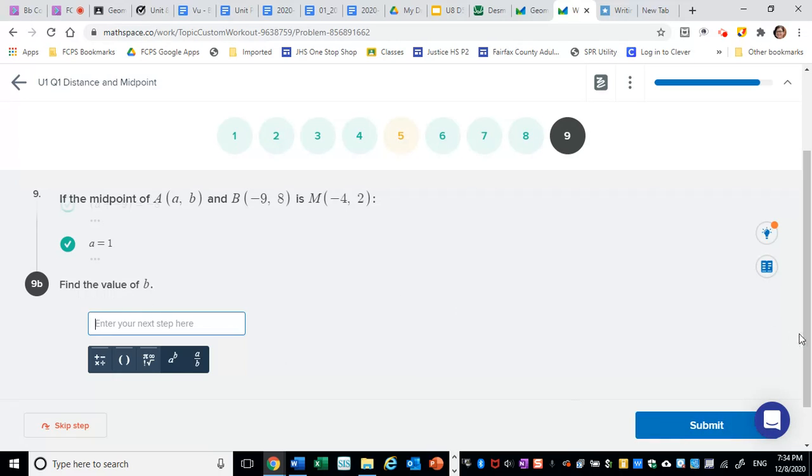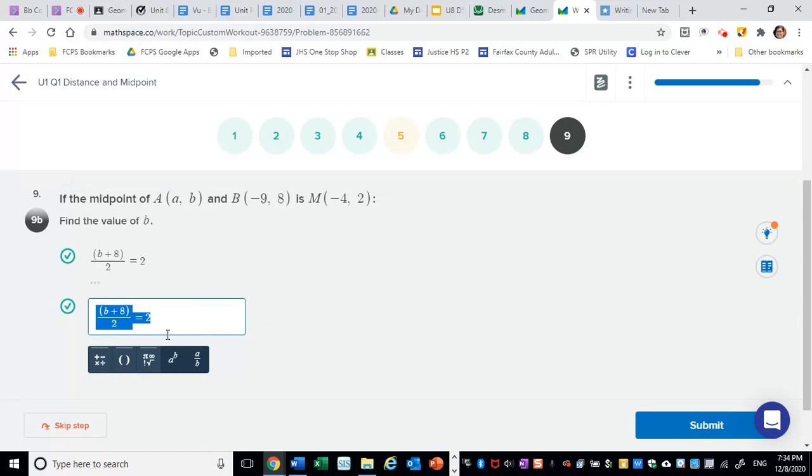Find the value of B. It's the same way you find the value of B. So you have B plus 8, and then divide by 2 equals the y of M, which is 2. Now you solve for B by multiplying both sides by 2. 2 times 2 is 4.